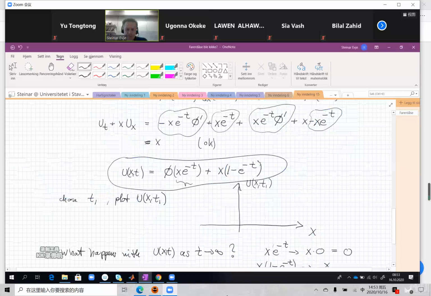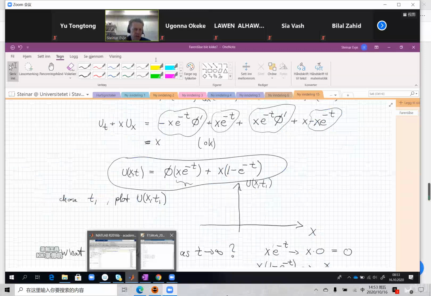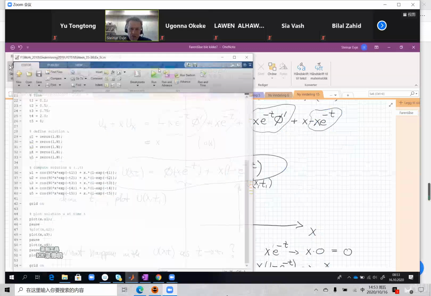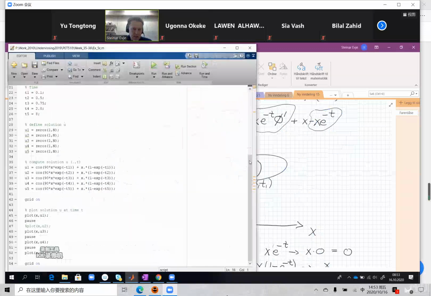Okay, let's make a plot or run a MATLAB script. You can find the script in the folder related to this week's lectures, and it bears the name EX5C.